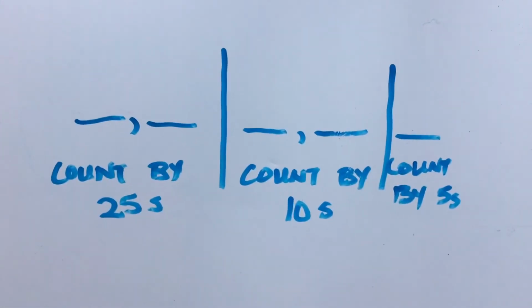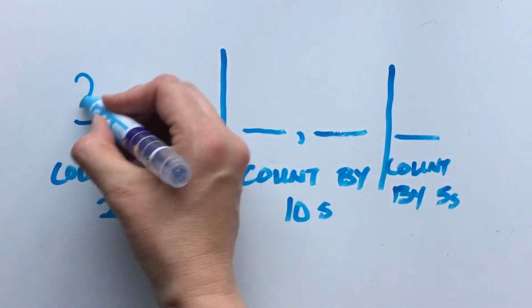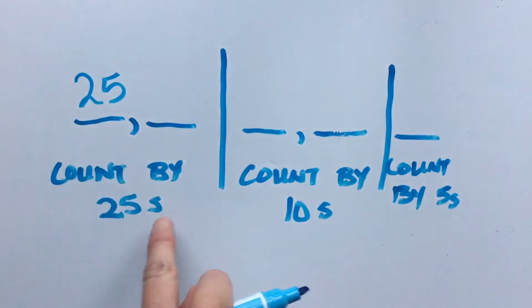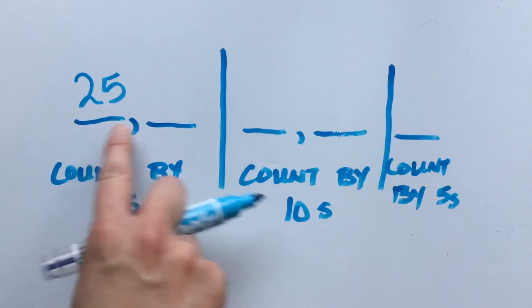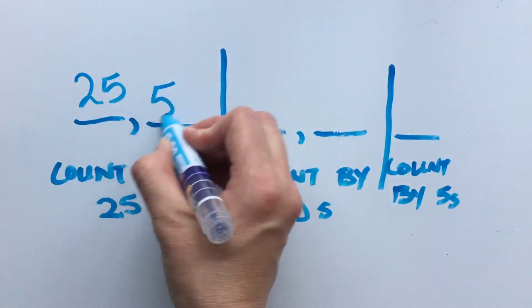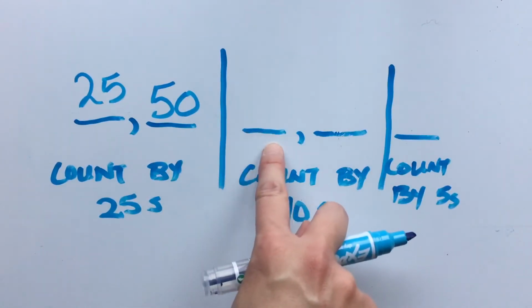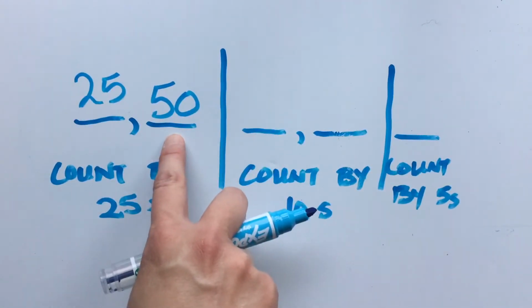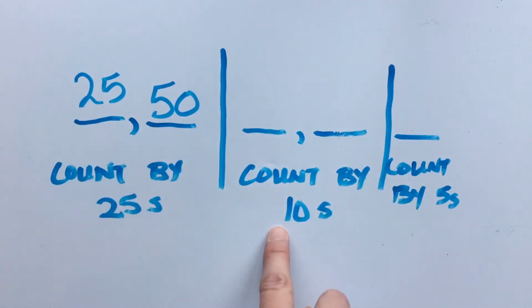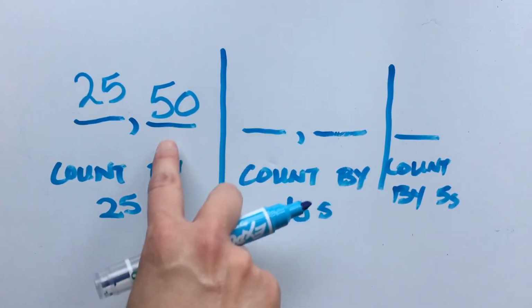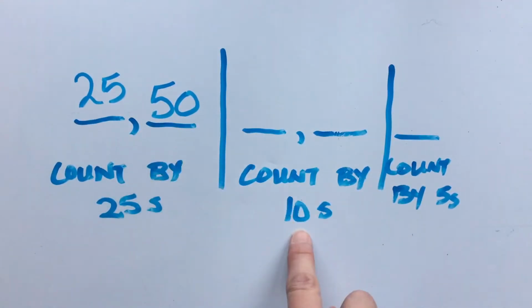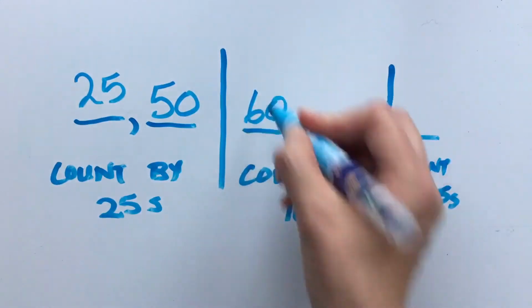So my first one, let's say I have quarters. I've got 2 of them, 25, and I'm counting by 25s. When I'm counting by 25, what is my next number? That's right, it's 50. Now this is my starting point as I'm counting on. I have 50 cents. Now I'm going to count my dimes, so I'm going to count by 10s. What is 50 plus 10? If you said 60, you're correct.